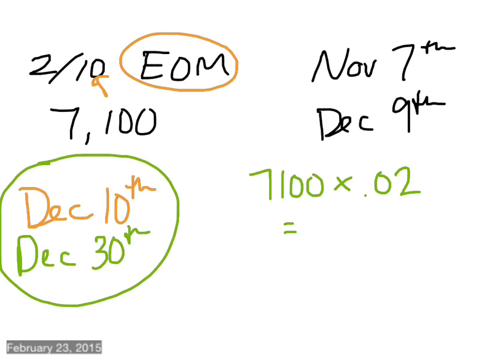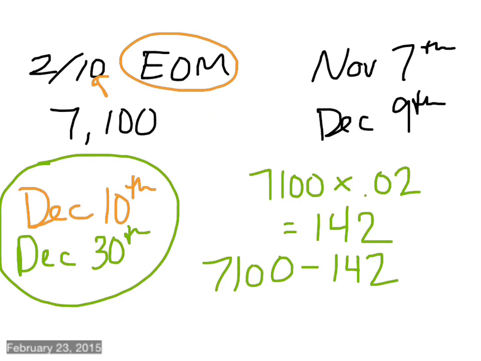What's $7,100 times 0.02? $142. Okay? So that's the discount. Then after I get the discount, in order to get the cash price, we take that dollar amount, that's $7,100, minus the $142, that's the discount that they're going to give you. And how much money is your bill going to be?